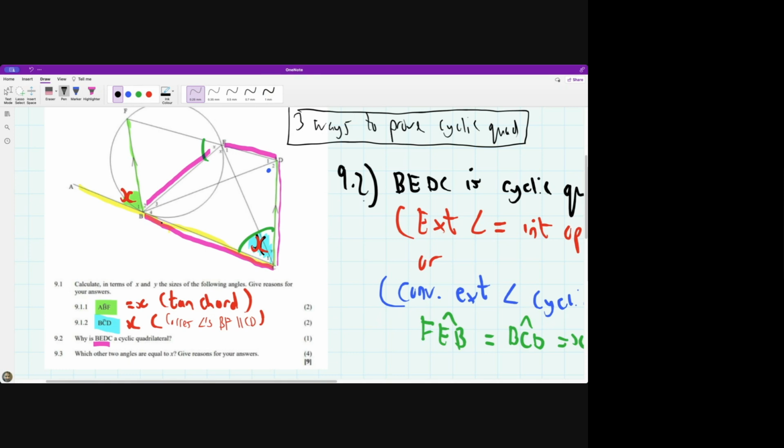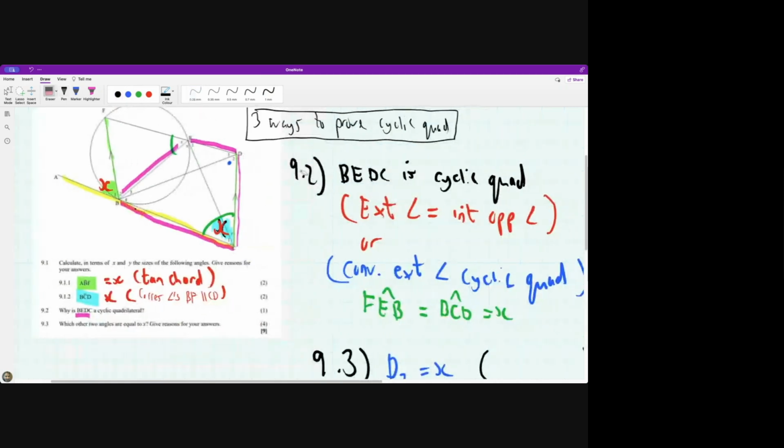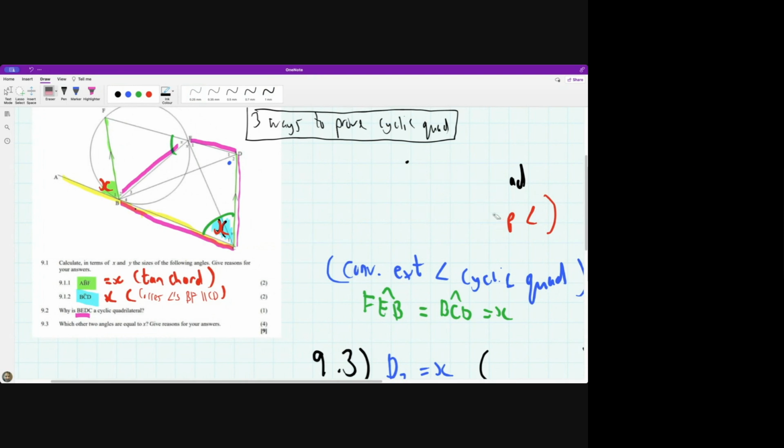Maybe should I write that down for you? You probably would appreciate me writing that down. So let me write that down. What are the 3 ways of proving something is a cyclic quad? You can say converse exterior angle cyclic quad, which I'll explain what that means.